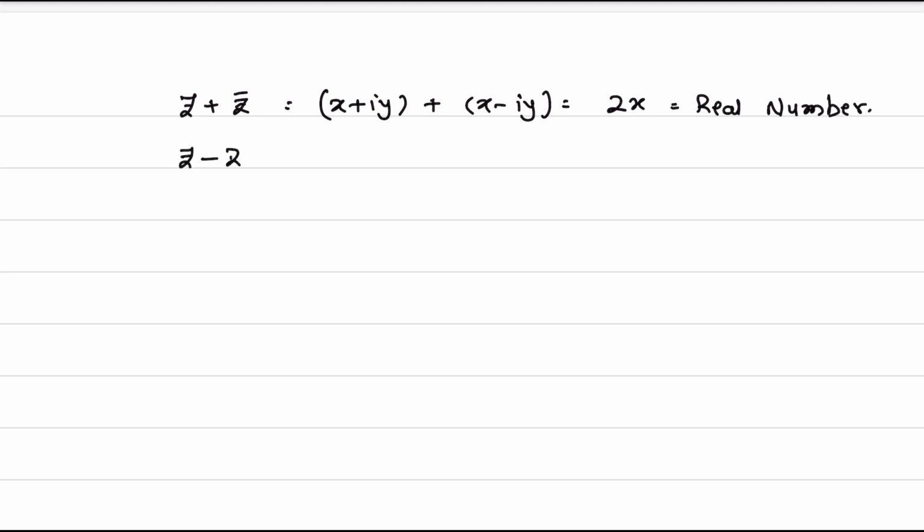Then what is z minus z bar? That is equal to x plus iy minus x plus iy. Even though it looks simple, we have to be very careful in making these calculations. z minus z bar is equal to i into 2y. That is an imaginary number.